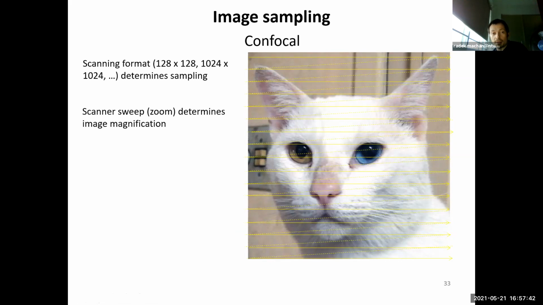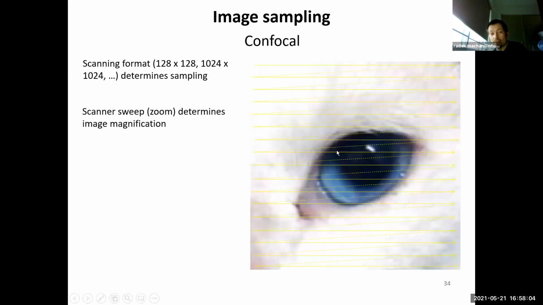Now the magnification in a point scanning microscope is defined by the sweep of the scanner, which is usually what is called the zoom in the software. So it's obviously a different situation when I scan like this, or if I scan like this. Because scanning like this, it means effectively I'm zooming into a smaller area in the sample, so I'm getting a more magnified image.